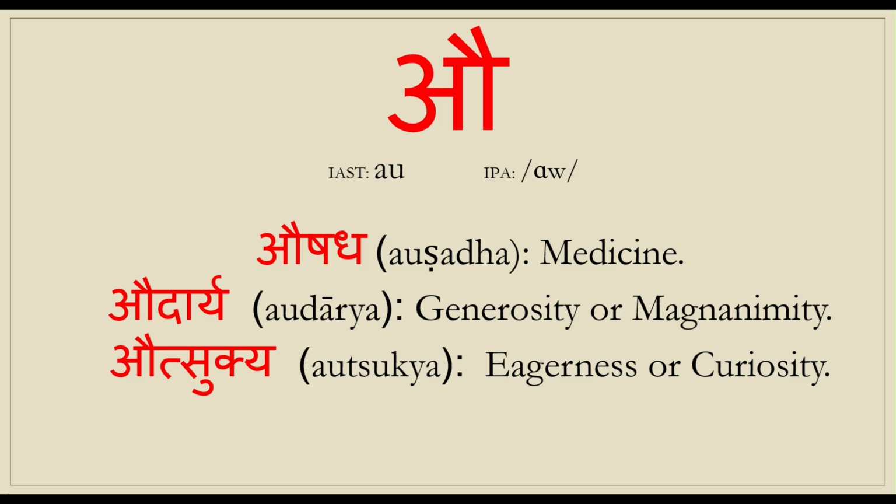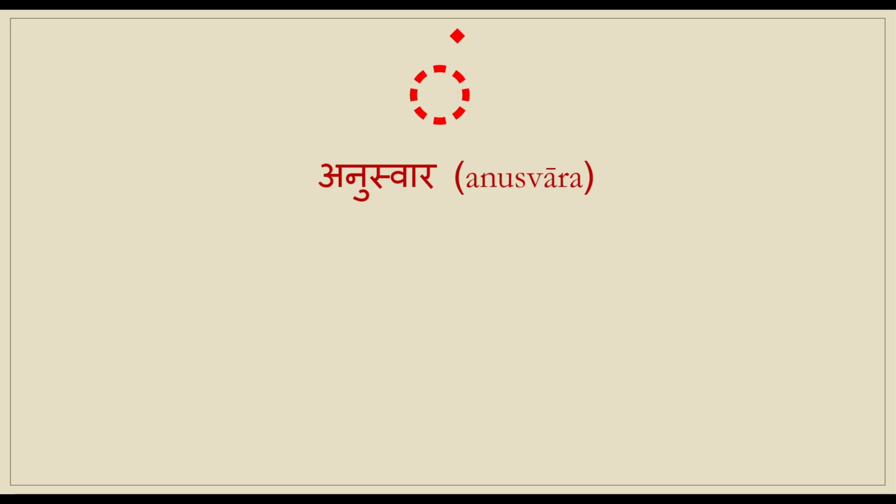So now let's move to the two remaining components of Sanskrit vowels, the first of which is Anusvara. Anusvara is quite simple, but in IST it is represented by an m having a dot beneath it. This simply means that whenever this dot is above a letter, it will create a half sound.